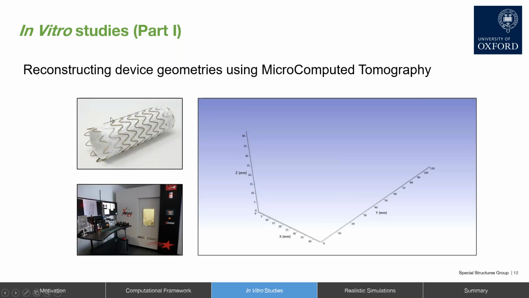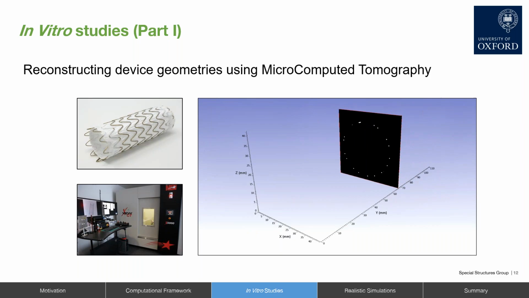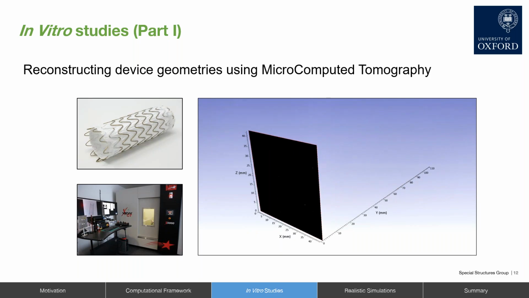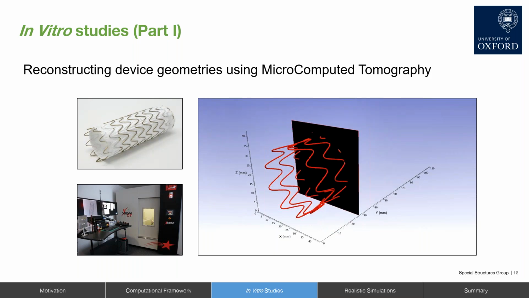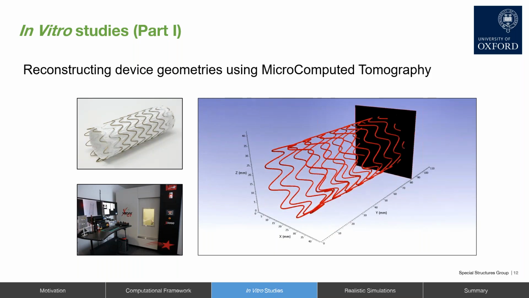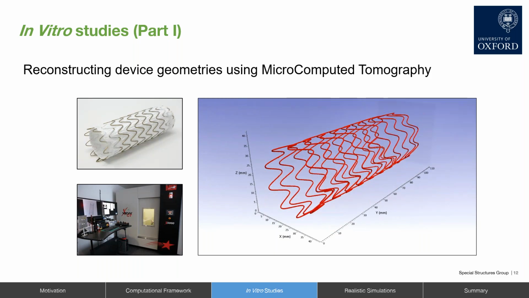So to begin, we take our stent sample. We take a micro CT scan to obtain its geometry, and then using ScanIP, we're able to take that micro CT data and build up a very high resolution, accurate reconstruction of the stent device.